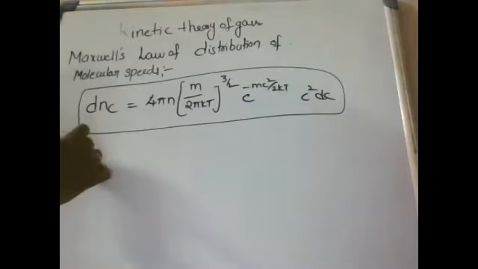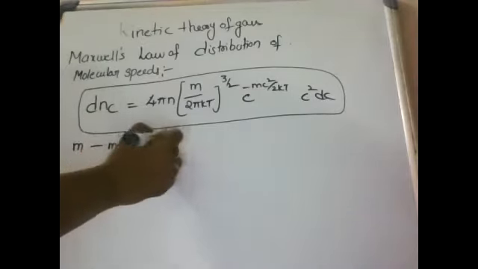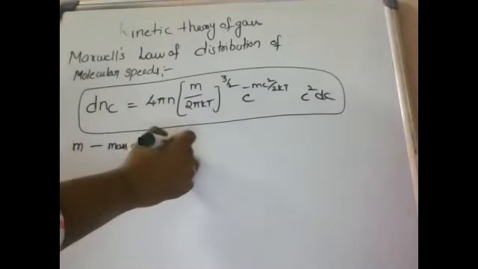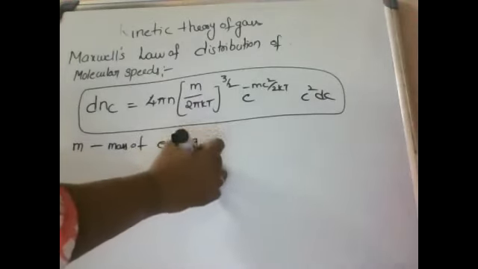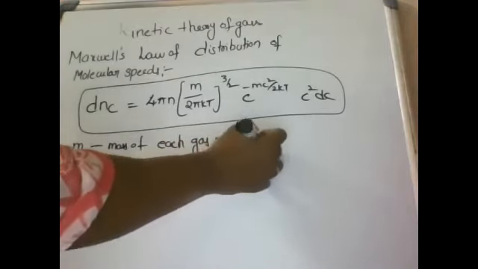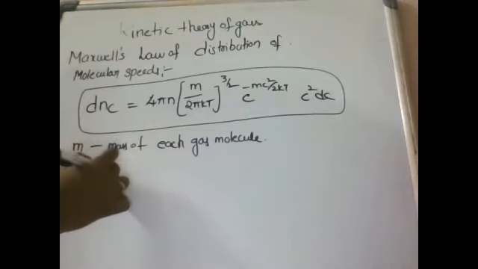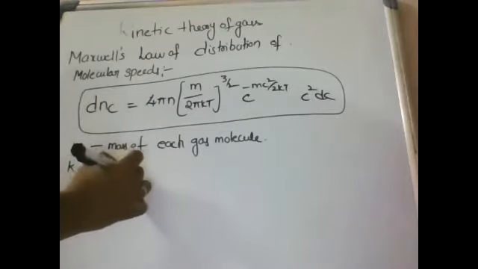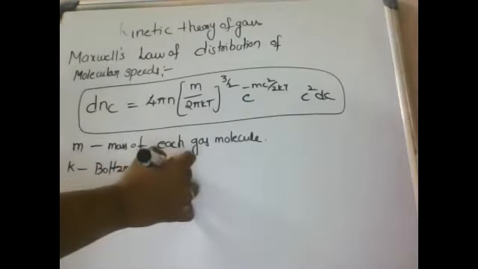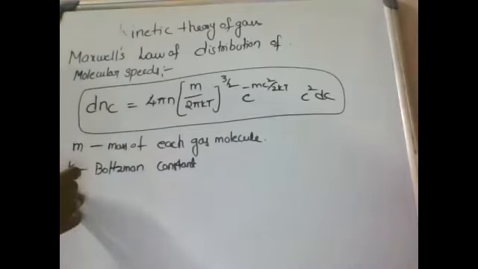Here, what is m? m is the mass of each gas molecule. What is k? k is the Boltzmann constant.